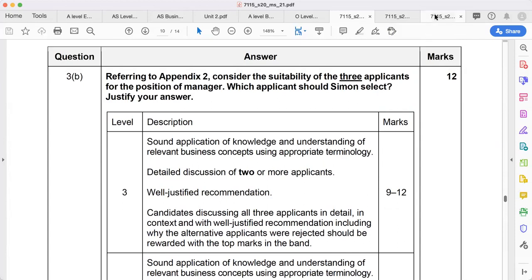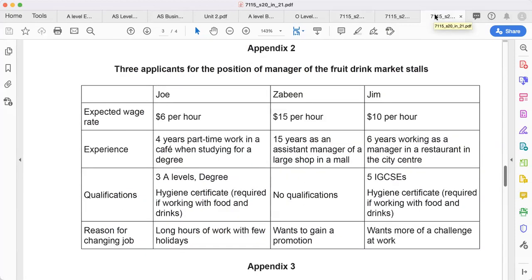For example, you say, I'll prefer Zabin because Zabin has 15 years of experience as assistant manager in a larger shop. I am not selecting Joe, and I'm preferring Zabin over Joe because Joe has 4 years experience in a cafe that is not relevant to our business, for example.